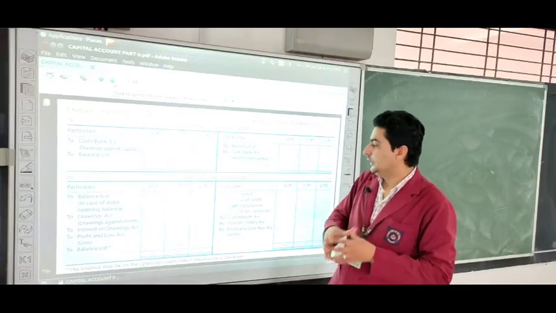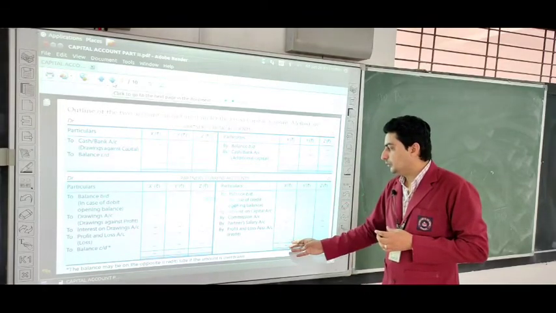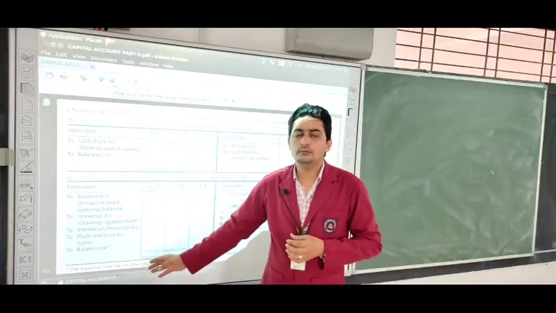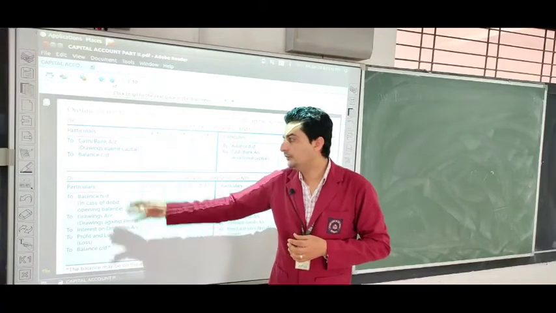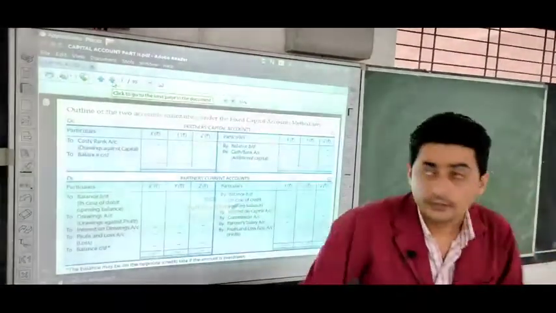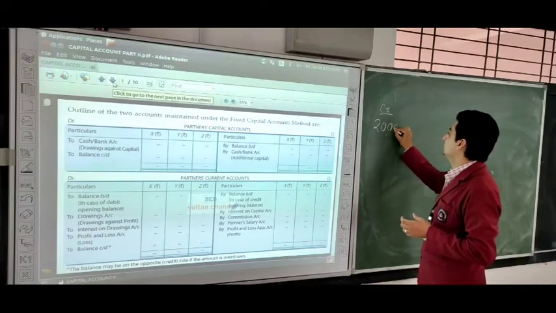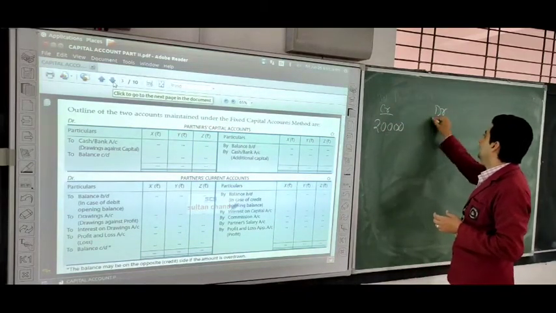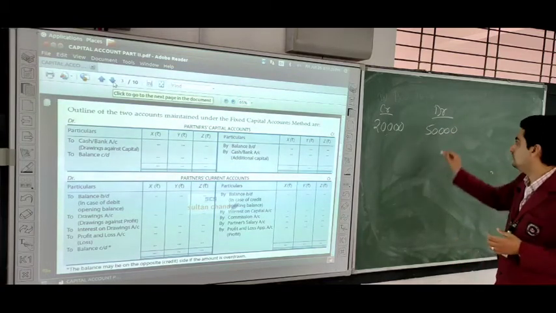Okay students, now afterwards we will add up these columns. For example, X's column total is 50,000, Y's column total is 20,000. So 30,000 will be the balance c/d. It will come on the debit side. How are we calculating balance c/d? If your credit side balance is 20,000 and your debit side balance is 50,000, which is greater? This is greater.